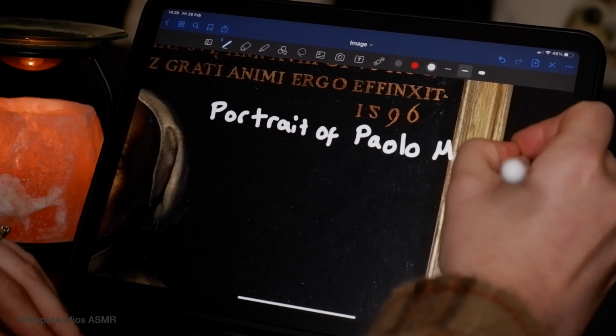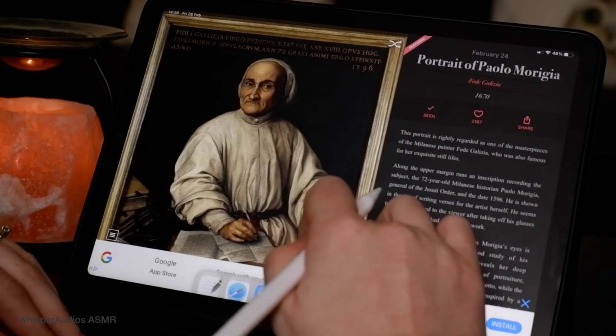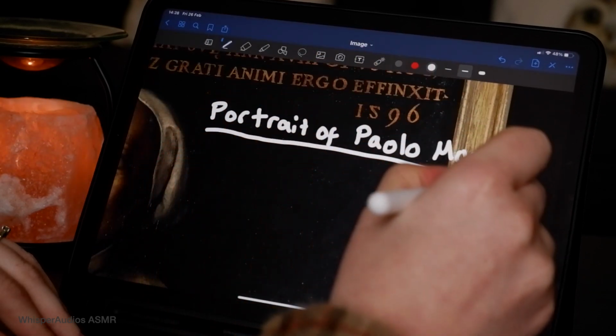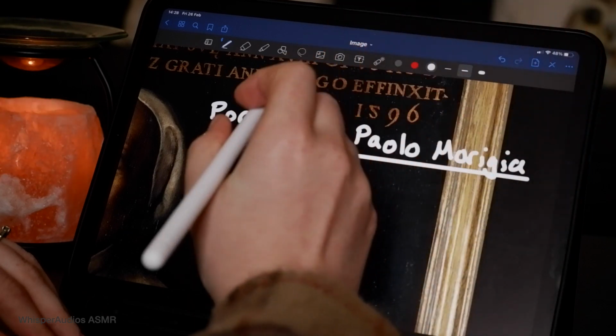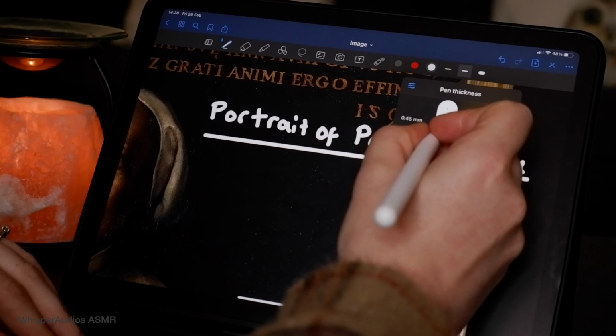Let's check Paulo Morriga. It's good. And let's change this to 3.